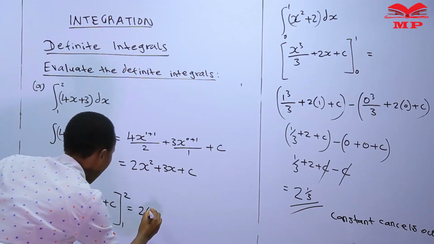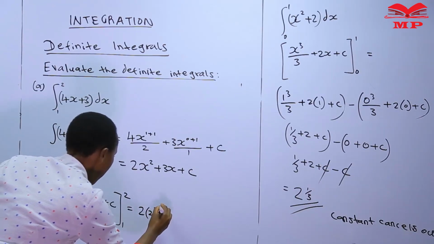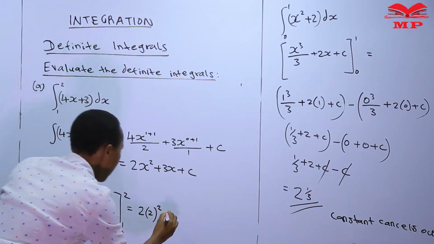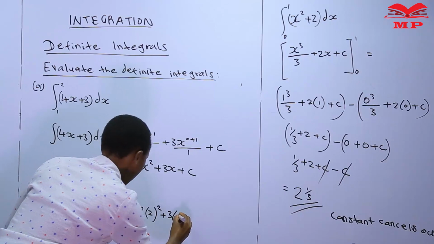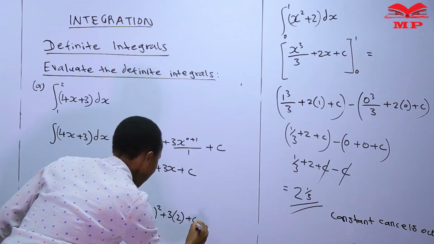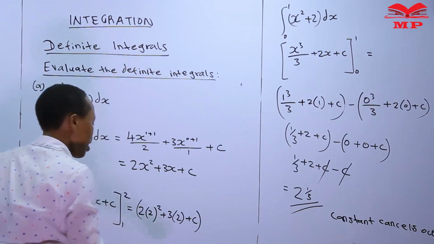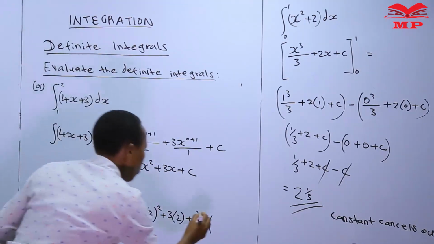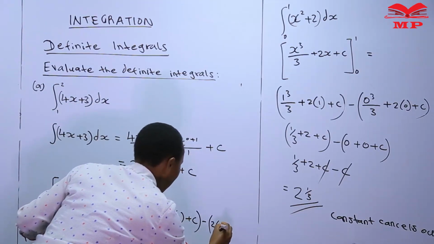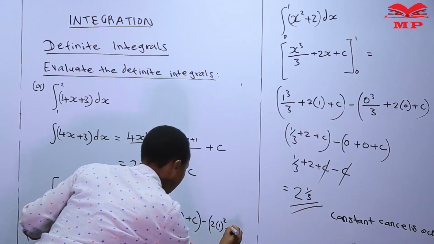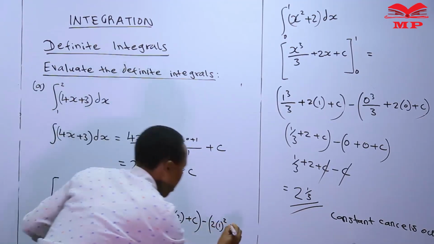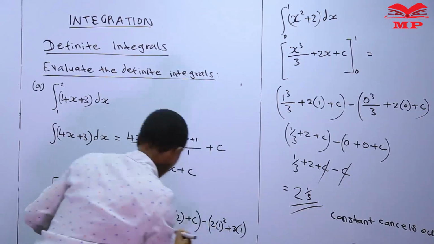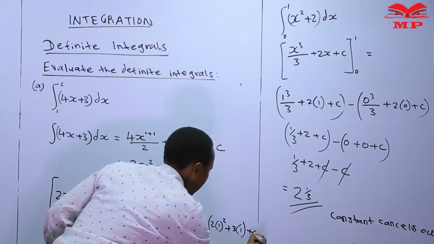Our x is 2, the upper limit, 2 squared, then plus 3, our x is again 2, then plus c. Then minus, when x is 1 now, we are going to have 2 into bracket x is 1 squared, then plus 3x, 3 multiplied by x, which is 1, then plus c.